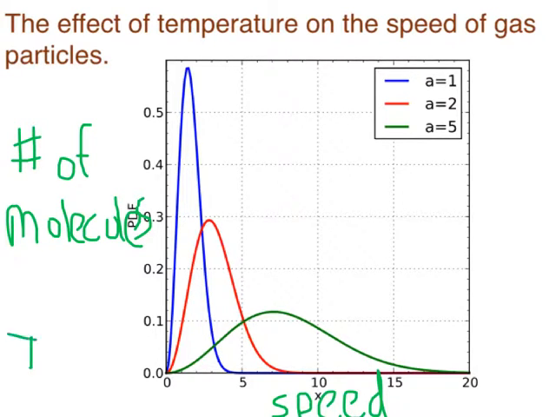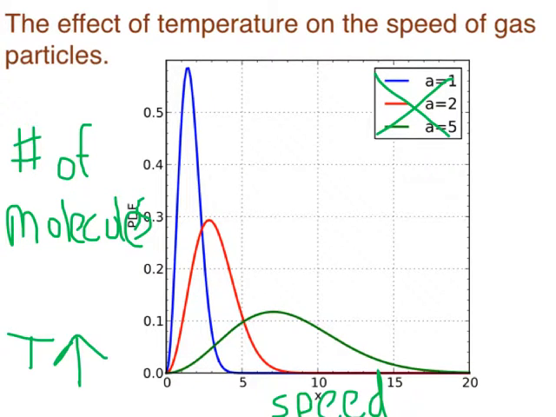Forget about this key here, we can assume that the gas here is the same gas but at different temperatures. The blue line would be at the lowest temperature, and if we increase the temperature, this is what would happen, and as we continue to increase the temperature, this is what would happen. But it's the same gas for all three of these.